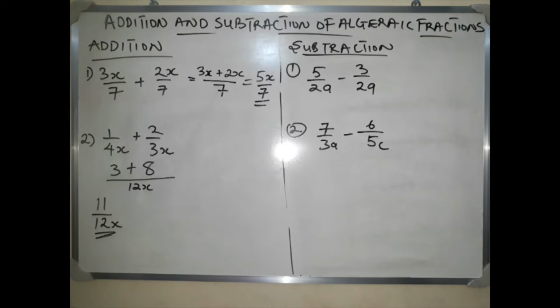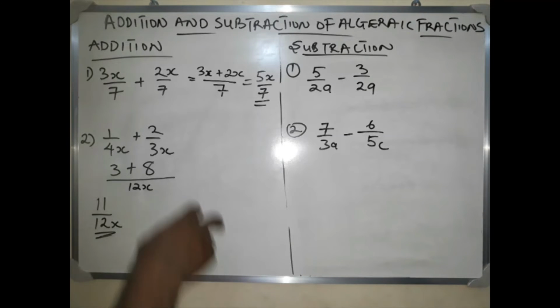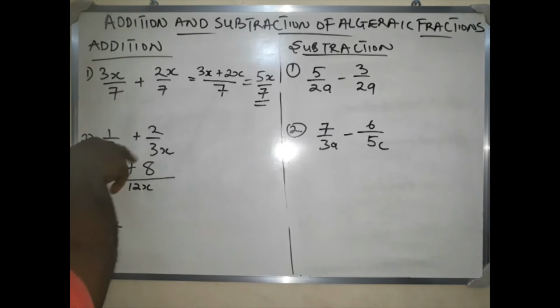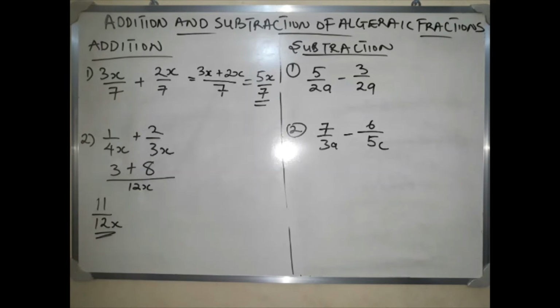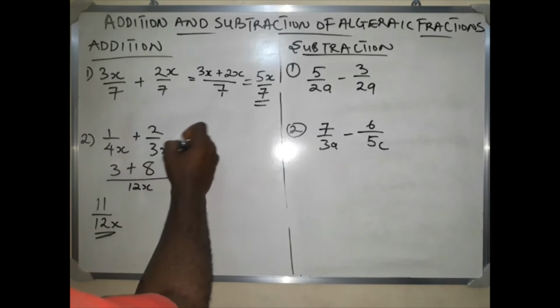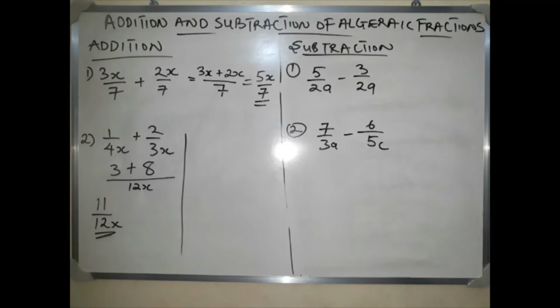Now, the other way you can do it is by converting each of the fractions to like fractions. How do you do that? In order for you to convert the fractions to like fractions, you're going to multiply both the numerator and the denominator with the same term.